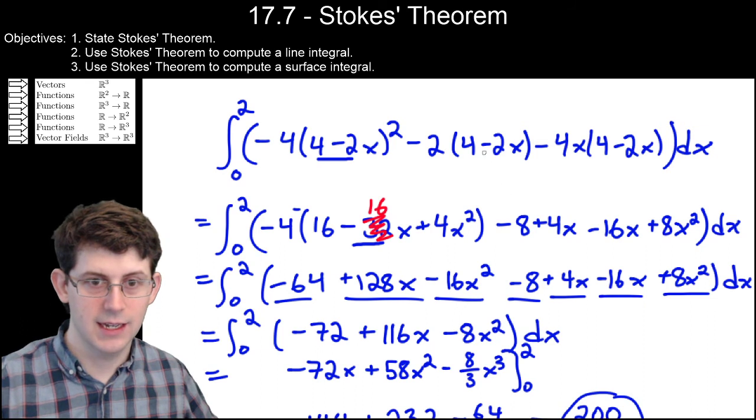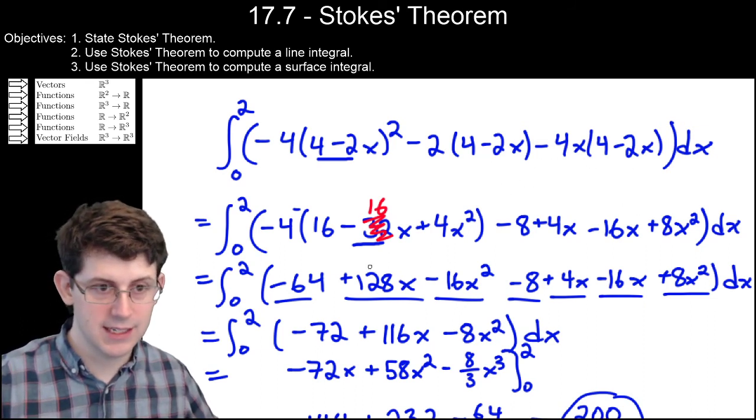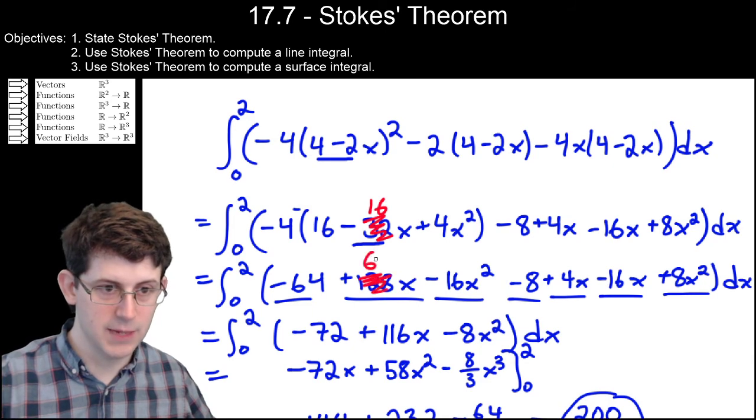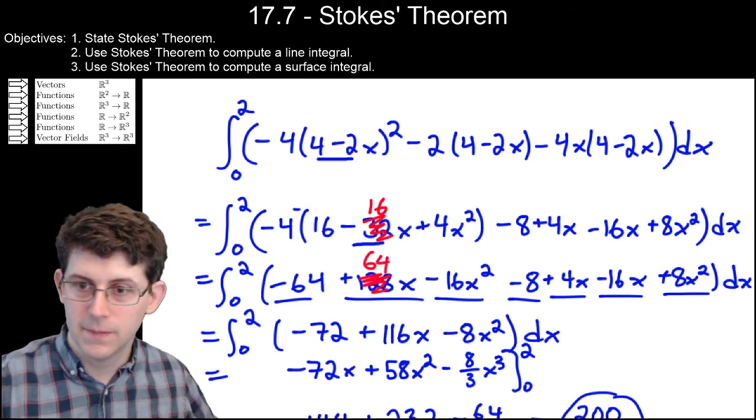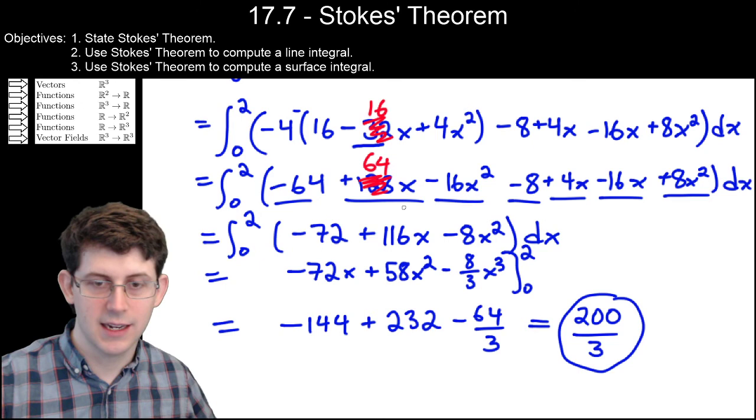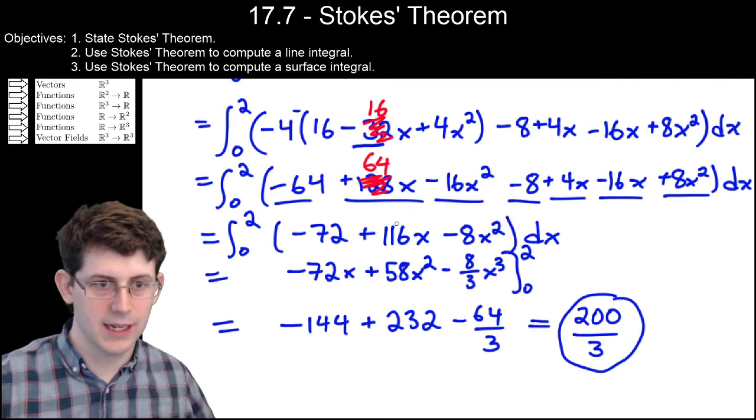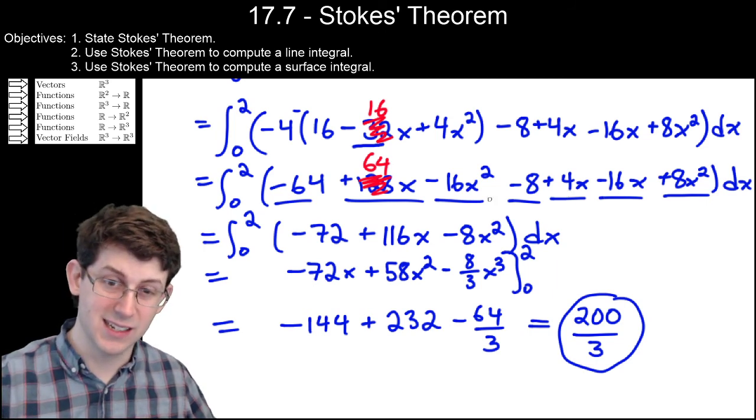4x squared, 8 minus 4, 16 minus 8. Okay, this 16 means that this is half as much, which means that instead of this term, I have 64 plus 4 is 68, minus 16 is 52.